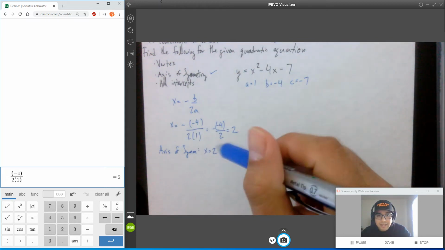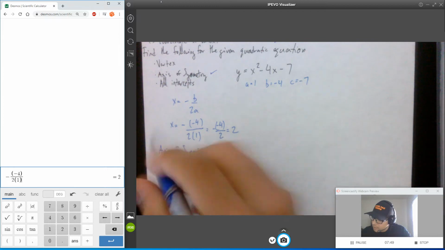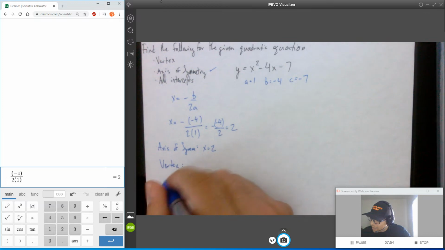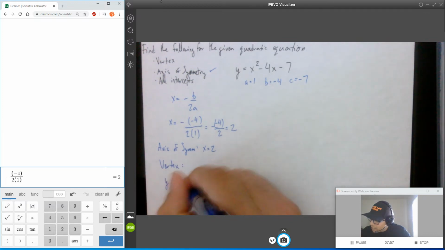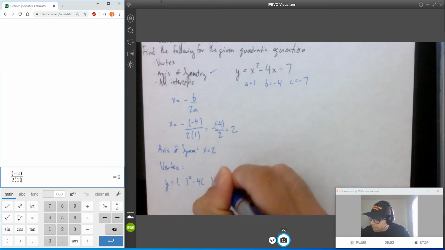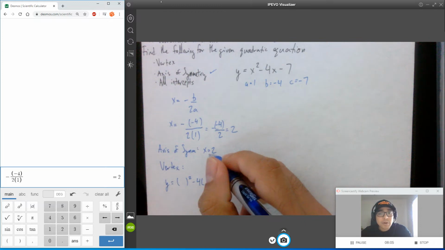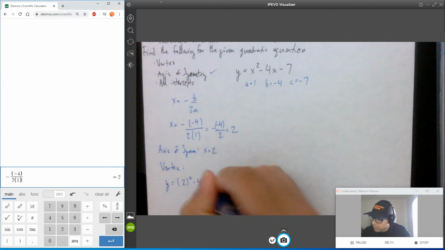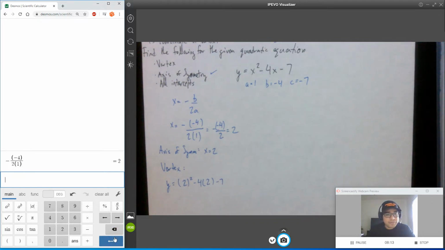Now, since this is also the x coordinate of my vertex, I'm going to use my given equation. Anywhere I have an x, I'm going to put parentheses there. Since this is the x coordinate of my vertex, I'm going to substitute this 2 into all of these. Just like I did in the previous one, wherever I have a variable, I'm going to put parentheses: -4 times something, and -7.